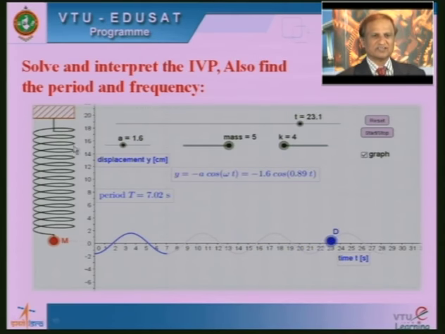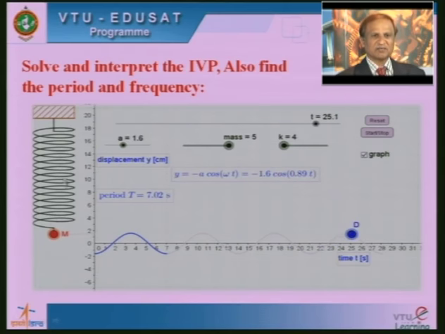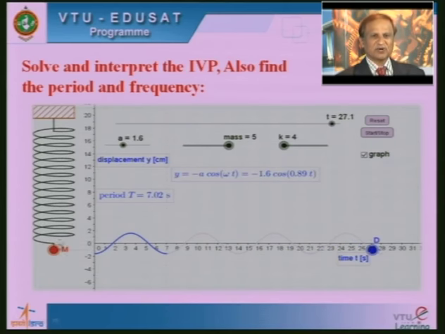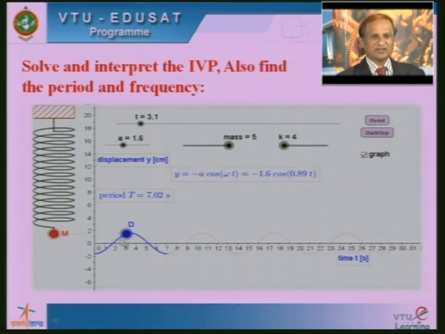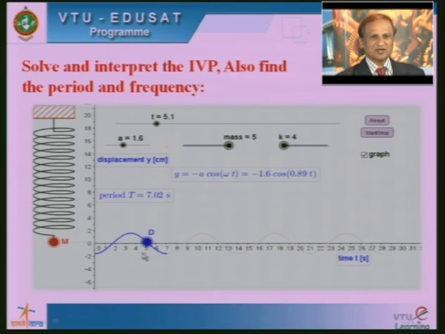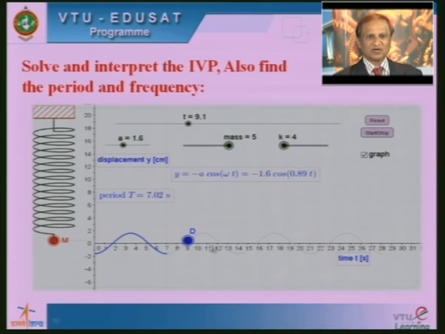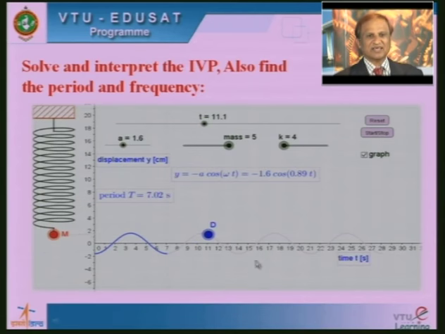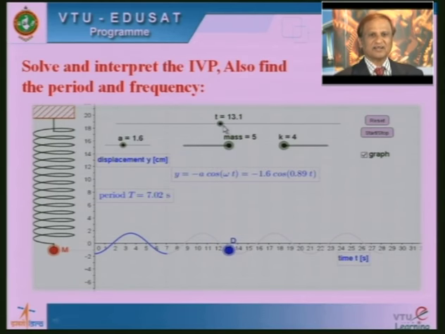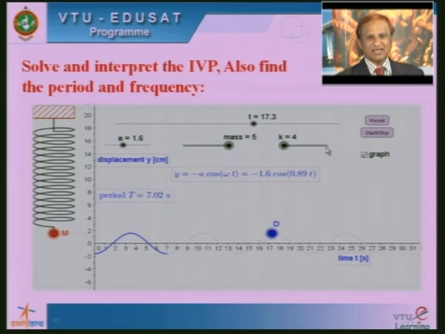When you observe this graph, the mass is moving in the upward and downward direction. You observe this point, according to the mass, moving on the curve, downward and upward. And t is fixed from 0 to 30 seconds.